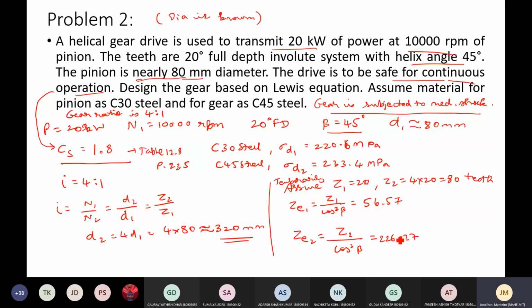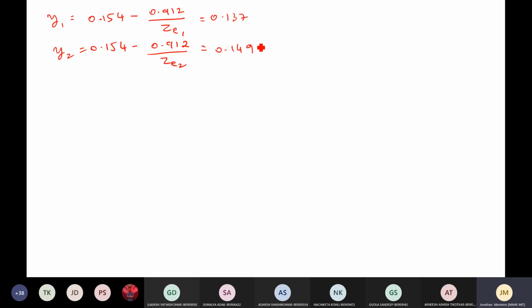Let us find out what is y1. Since we are dealing with 20 degree full depth, y1 is 0.154 minus 0.912 by ZE1, and similarly y2 is 0.154 minus 0.912 by ZE2. If we do this, just check the values. One is 0.137 and the other is 0.149.